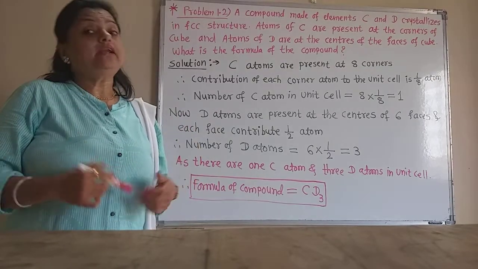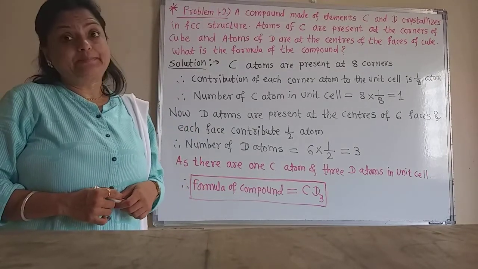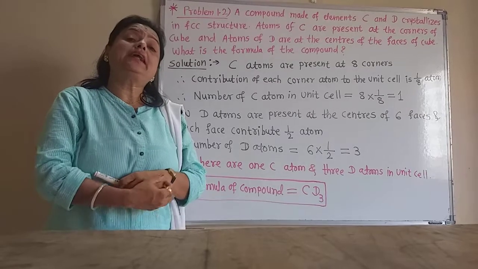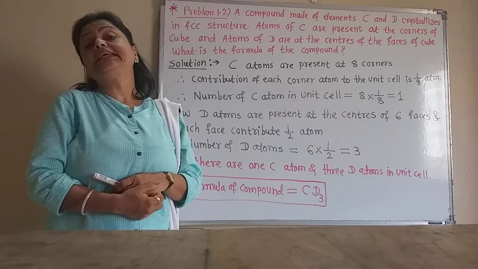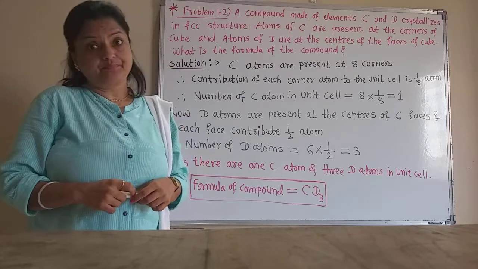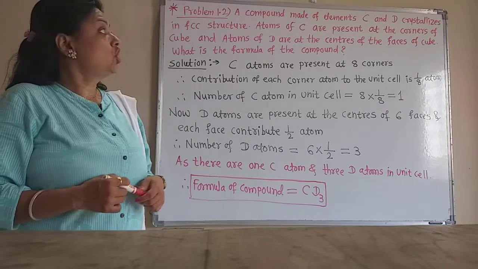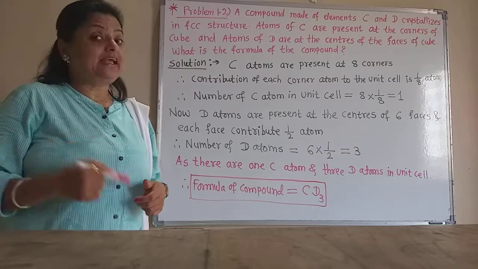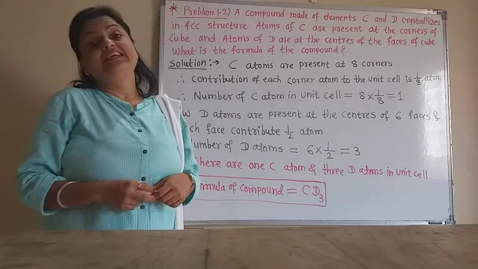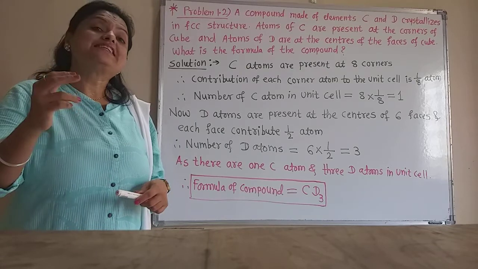There are 8 corners in the FCC, and each corner atom contributes only 1/8 part to the unit cell. So 8 into 1/8 is 1 particle. So the C particle is 1 and the D particles are 3. Then the formula becomes CD3.